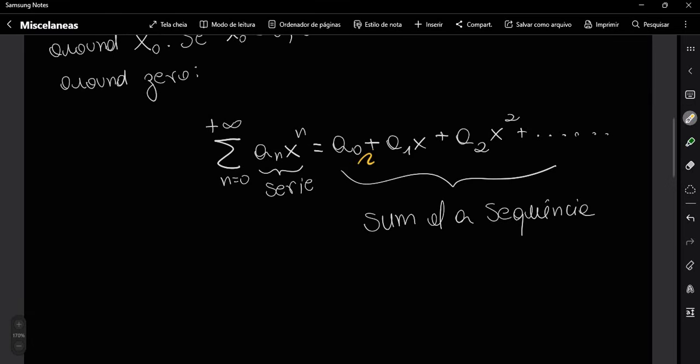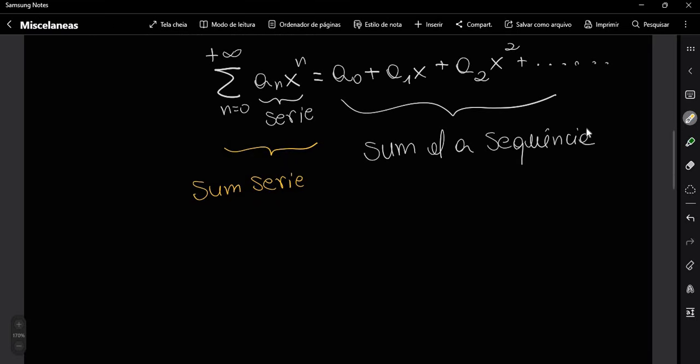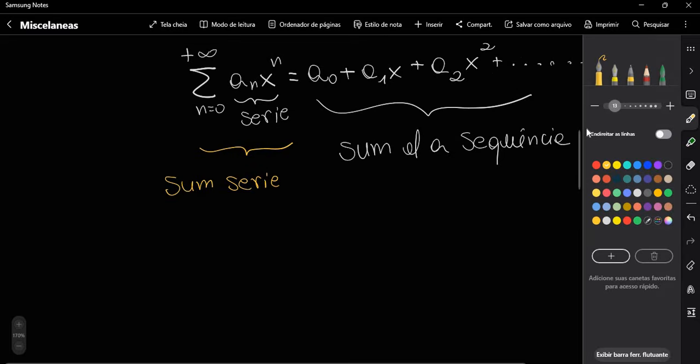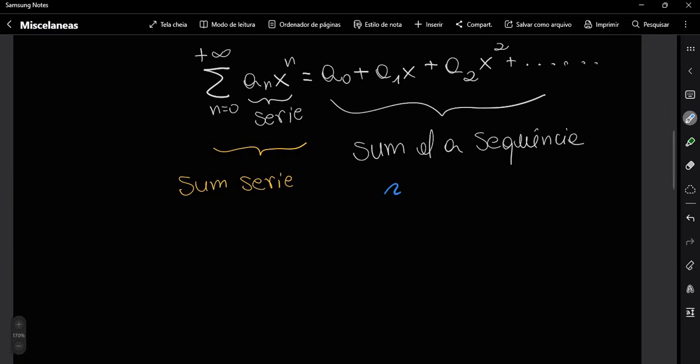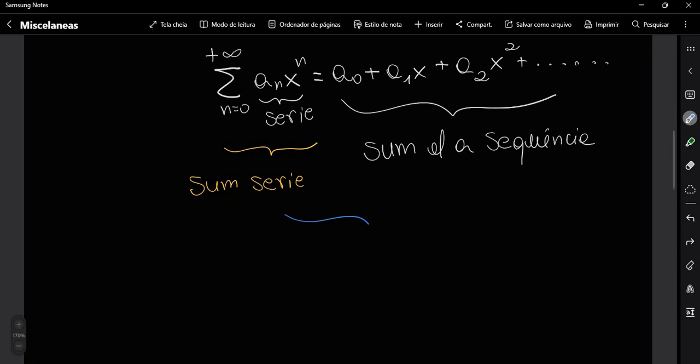And this is a sum of a series, a sum of a sum of a series. And this is the same as a signal.